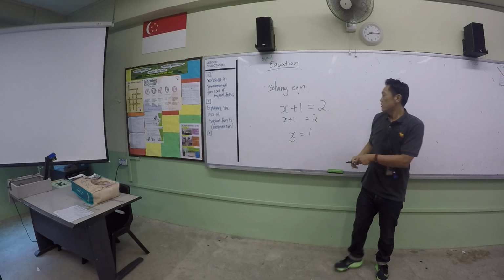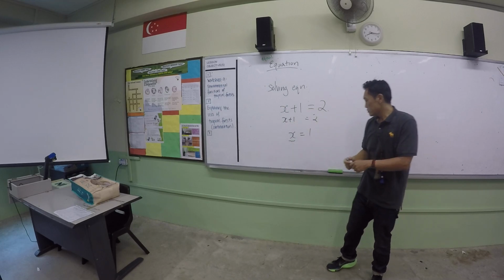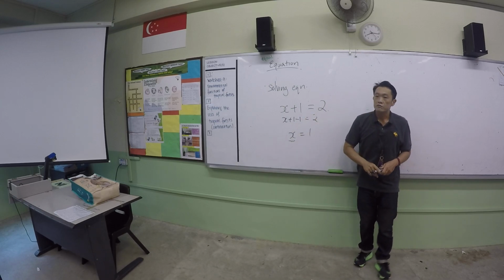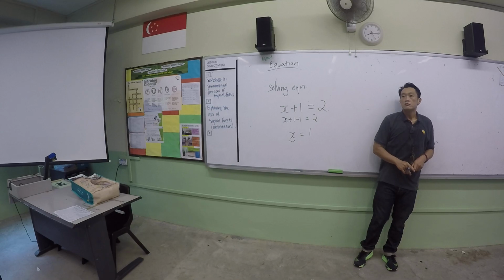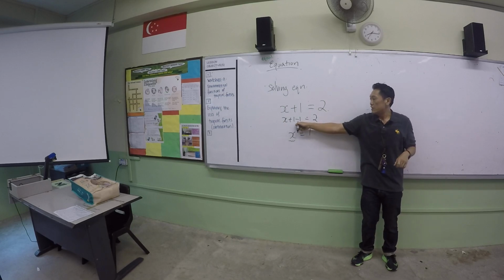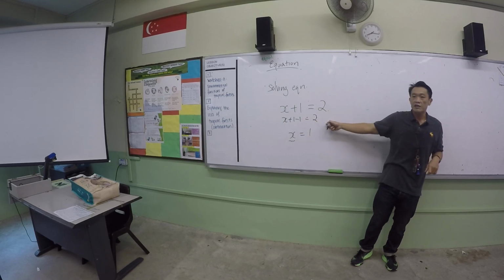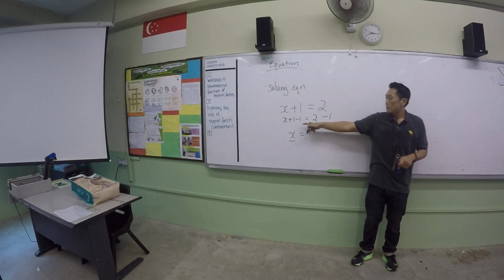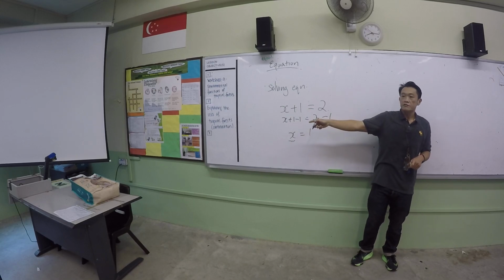Okay? So, what I'm actually doing, I don't want plus 1, which is why I minus 1. And remember, when we have an equation, when we are writing an equivalent equation, whatever I do on this side, I must do the same thing here. 2 minus 1, correct?